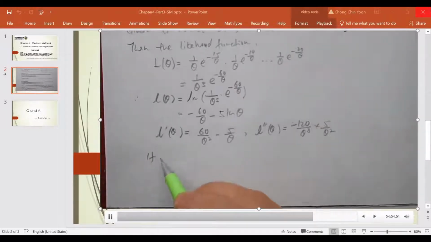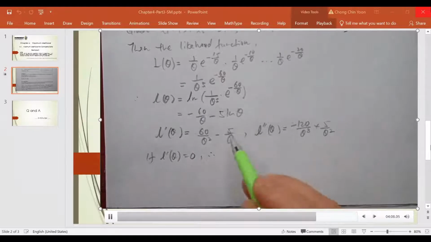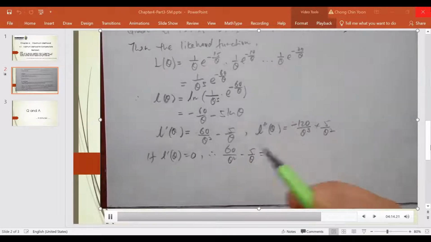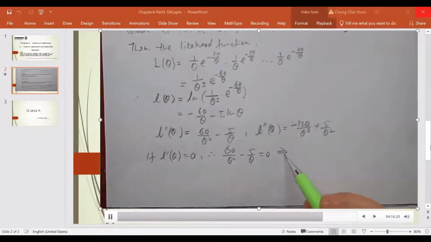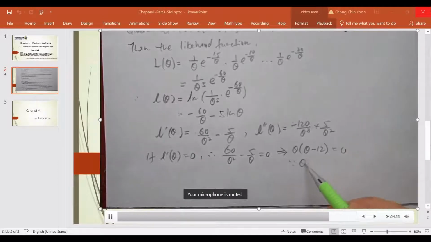Now, if the slope is equal to 0, then this equation is equal to 0 as well. This can be simplified as a quadratic, and it can be factorized as follows. Now, since theta cannot be 0, therefore theta must be 12.